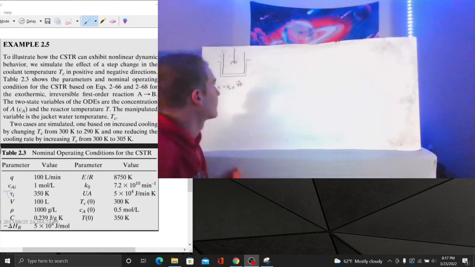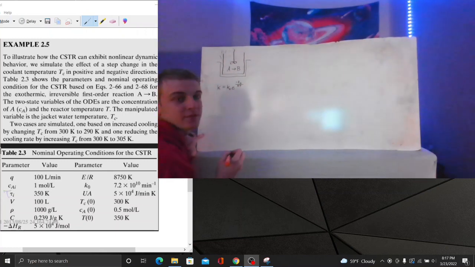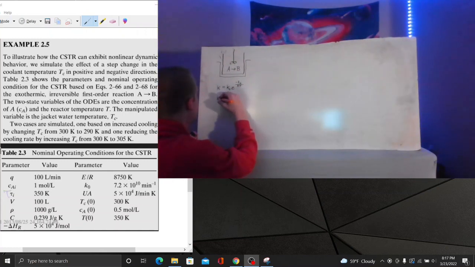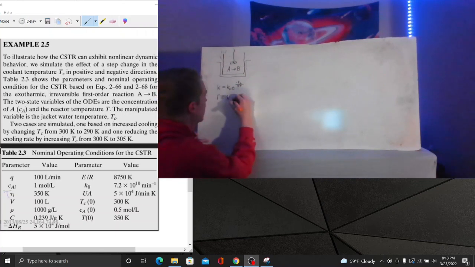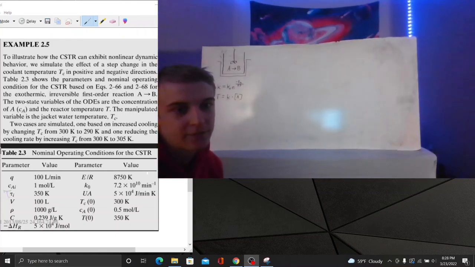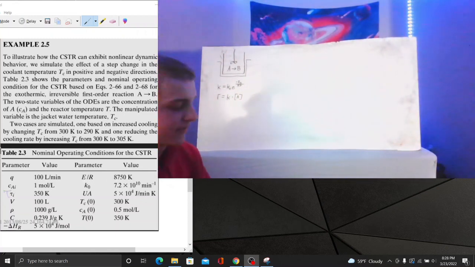So next, in the tank, we know that there is a first order reaction going from A to B. So we can write that reaction rate equation for r as just k, a rate constant from the Arrhenius equation, times the concentration of A. As you can notice in the problem, it gives us our E over R as 8,750 Kelvin.